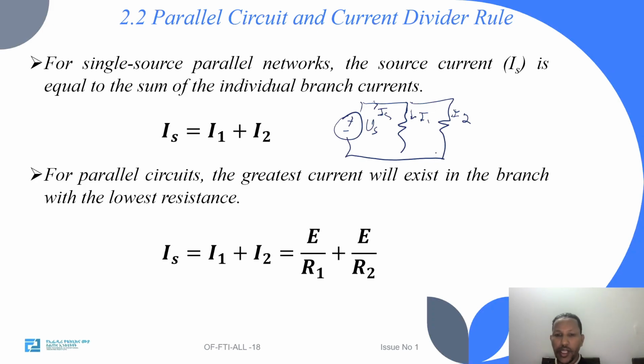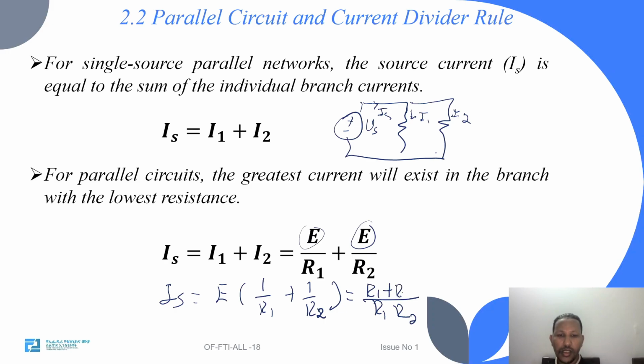So from this I can write this is the total, the source voltage. So Is, which is E into 1 over R1 plus 1 over R2. So you can take the LCM R1 R2, which is R1 plus R2.